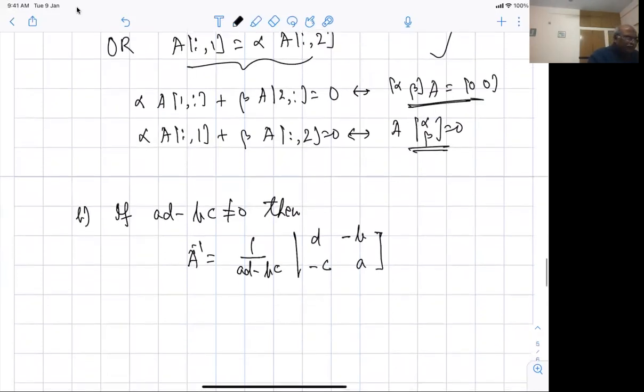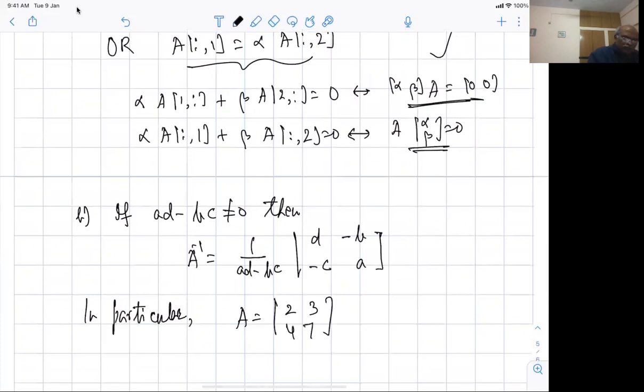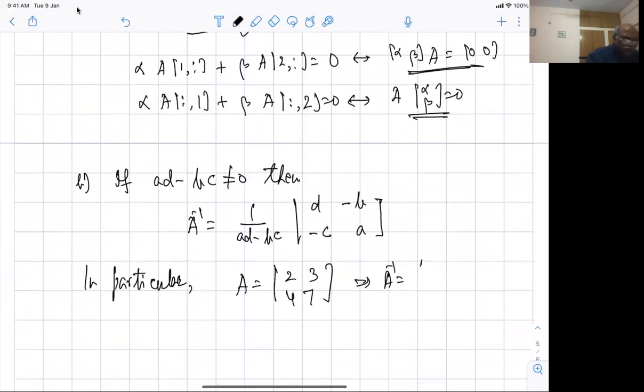In particular, if my matrix A is (2, 3; 4, 7), then this will imply that A inverse is equal to 1 upon 2 times (7, -3; -4, 2), since 14 minus 12 is 2. So just verify it for yourself. I know that you know how to compute the inverse of a 3 by 3 matrix and so on, but at least you should know this much.